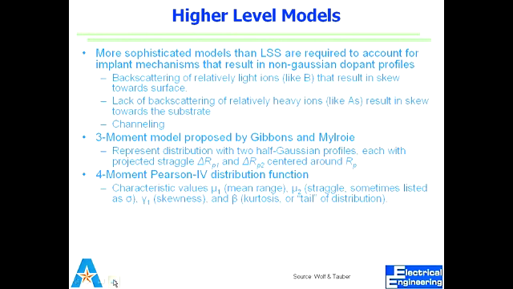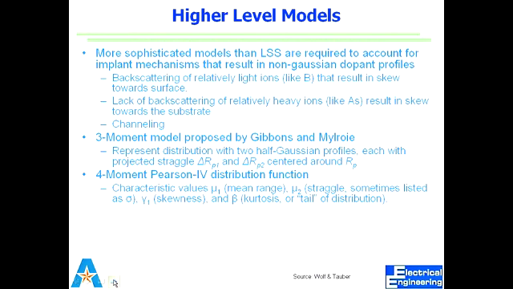So there are other models that define many different phenomena. They account for non-Gaussian distribution. We get a Gaussian distribution, but if you consider the backscattering for ions like boron, the profile is much more skewed towards the surface.